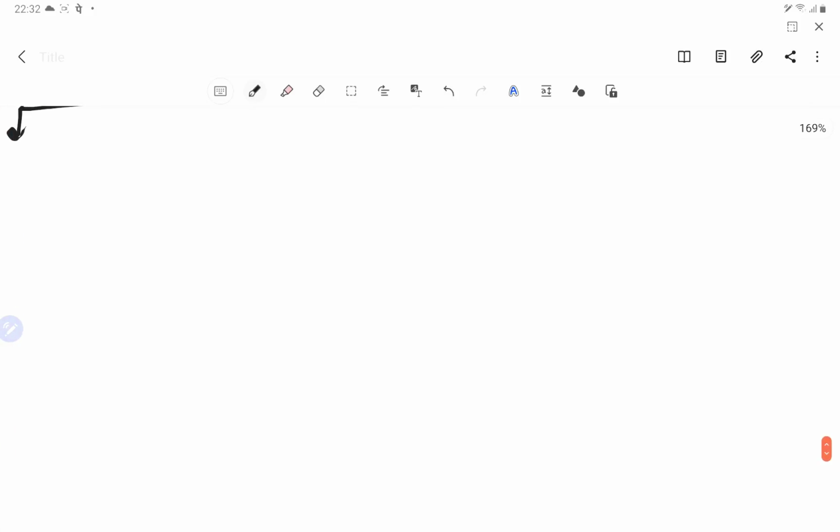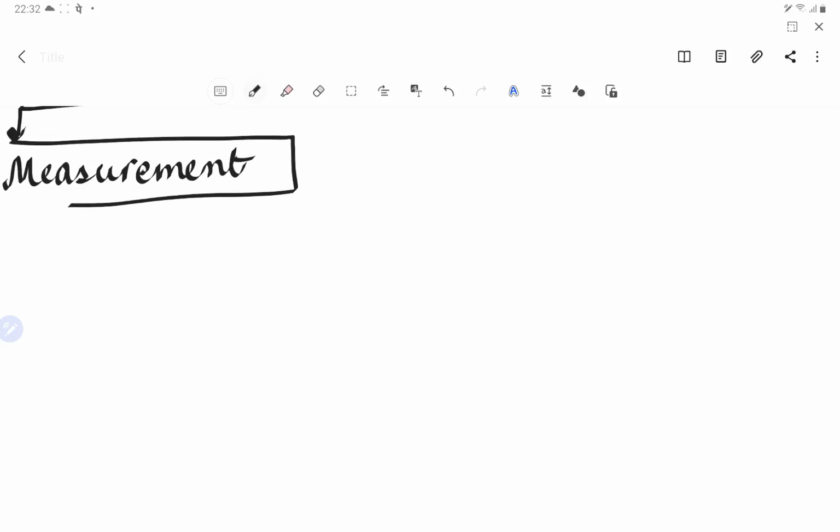So we can measure growth. In measurement we have craniometry. Craniometry is basically the first approach which was used to study growth, and as the name suggests, cranio means cranium, metry means to measure. So craniometry is based on the measurement of the skull.